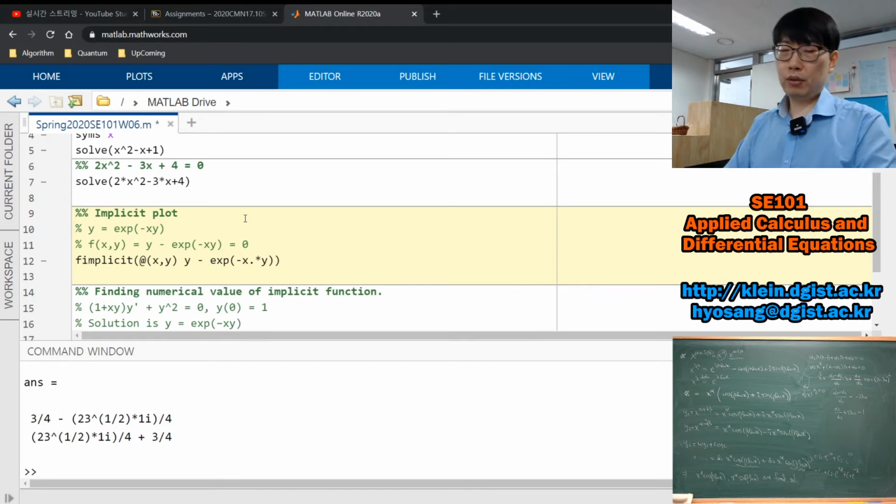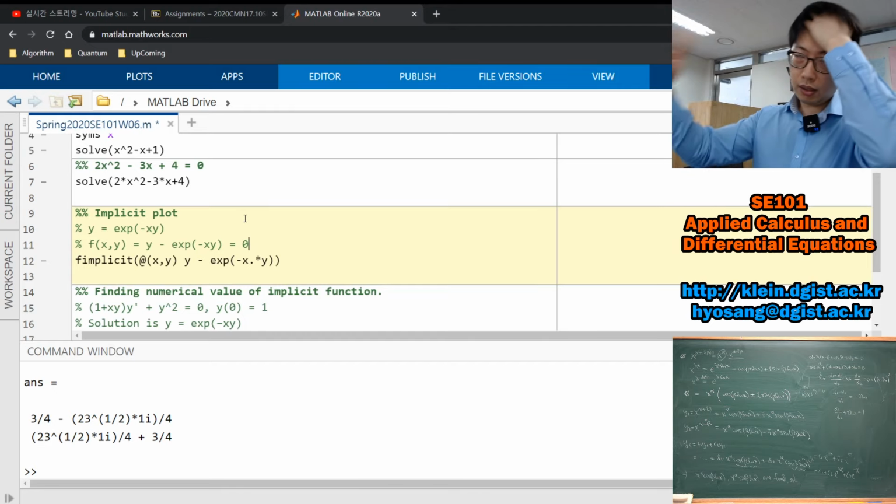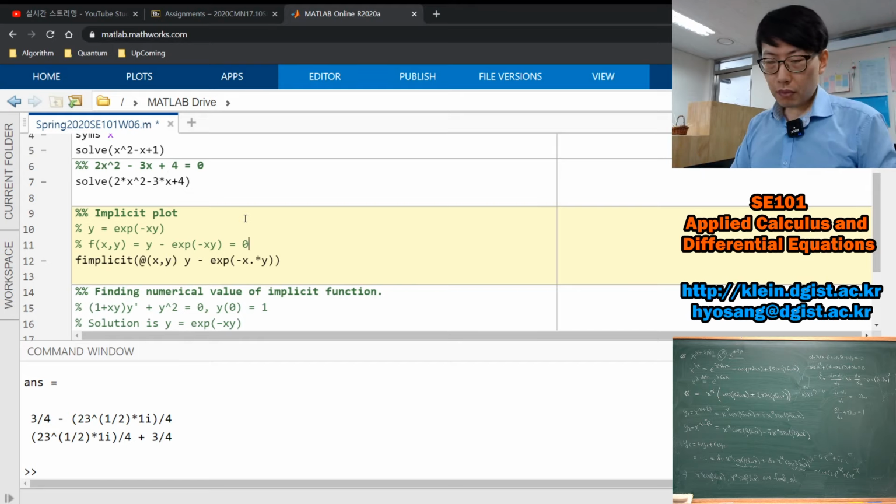Basically, the graph of a two-variable function is a surface inside three-dimensional space. But I want the graph of the implicit function. One way I can do that is to plot the section of the graph of the two-variable function where its value is 0.